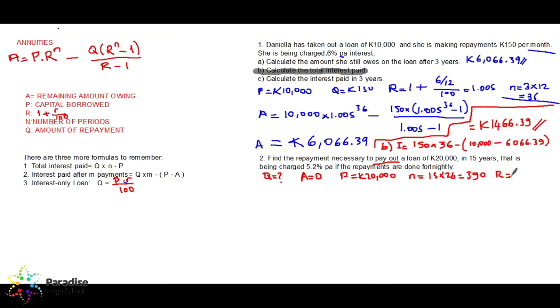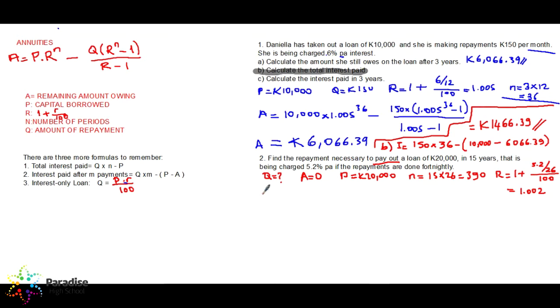R will be equal to 1 plus, your rate is given 5.2% per year. Be careful, your repayment is fortnightly. Therefore, I have to calculate the fortnightly rate. Therefore, 1 plus 5.2 divided by 26 over 100, that makes 1.002.